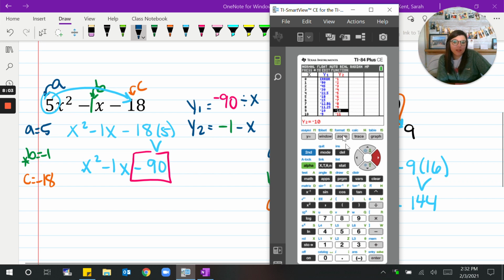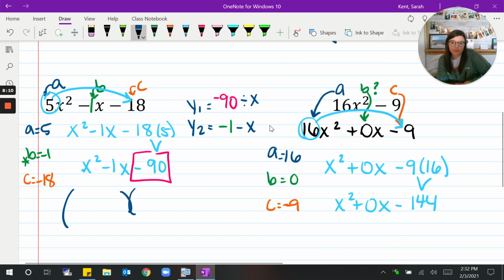So I've got negative 10 and then 9. So in my groups, I'll have x and x, and then I want negative 10, positive 9. And that's all for today.